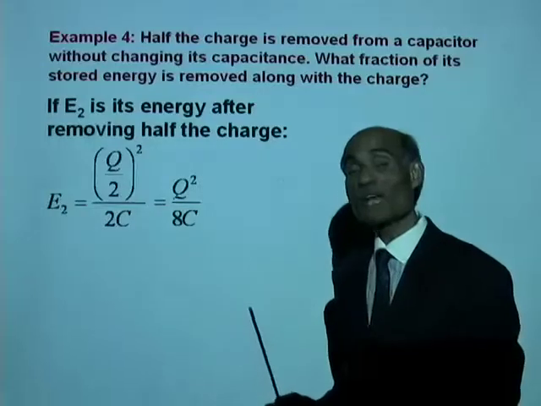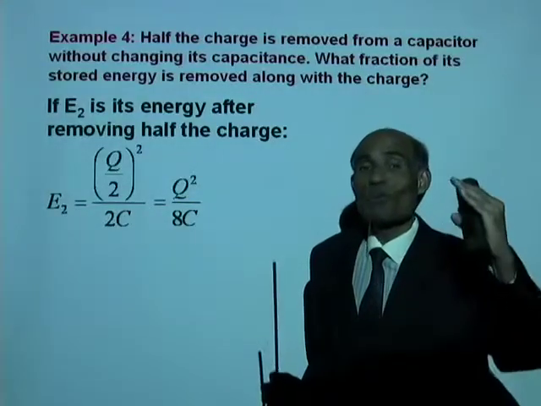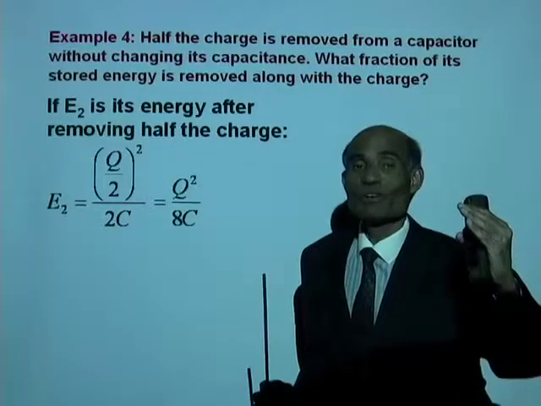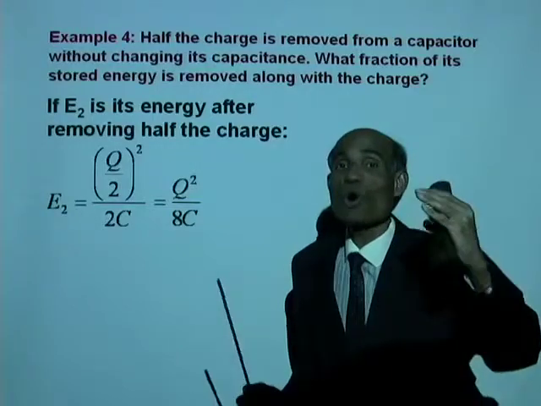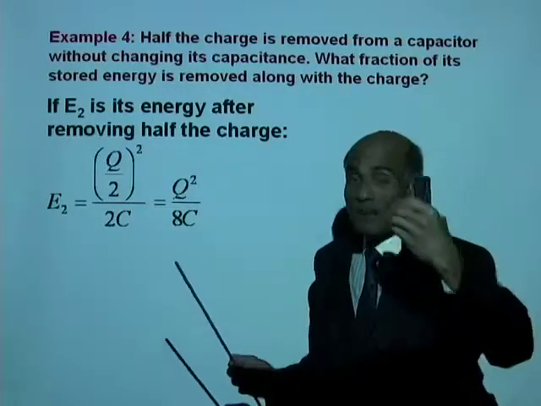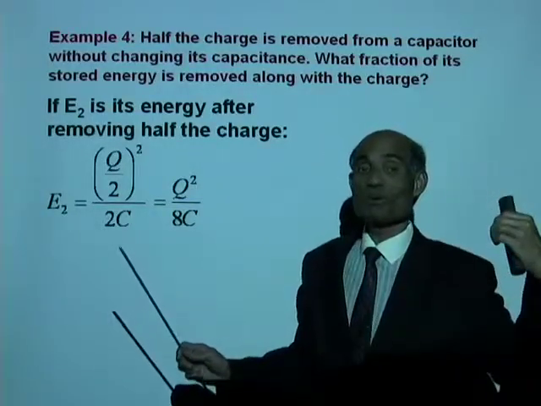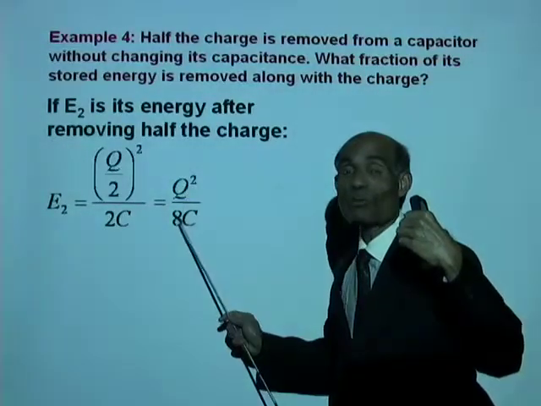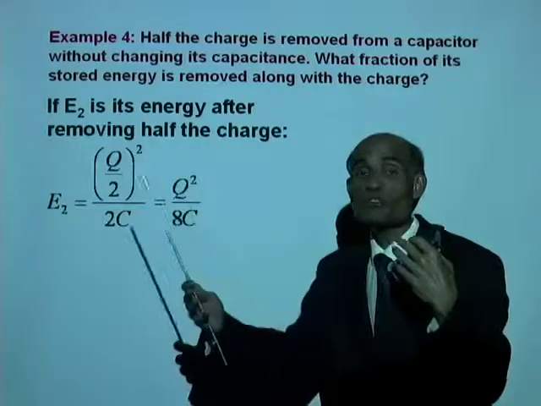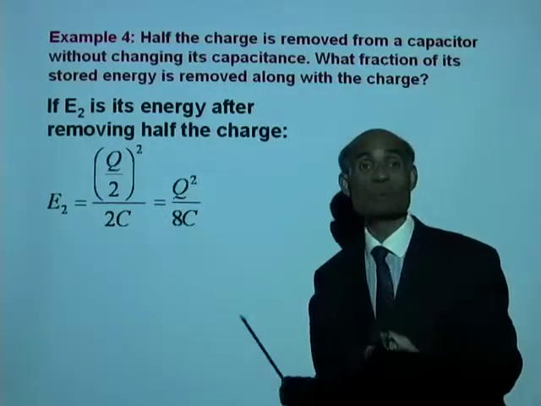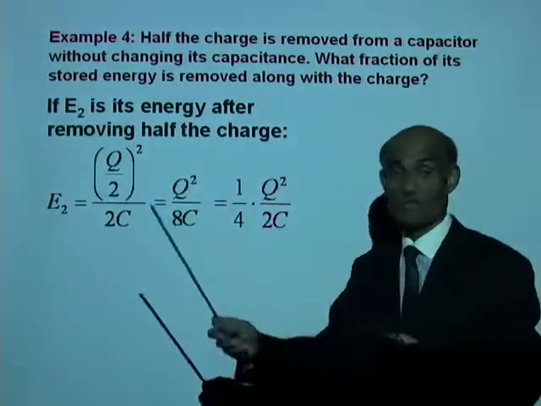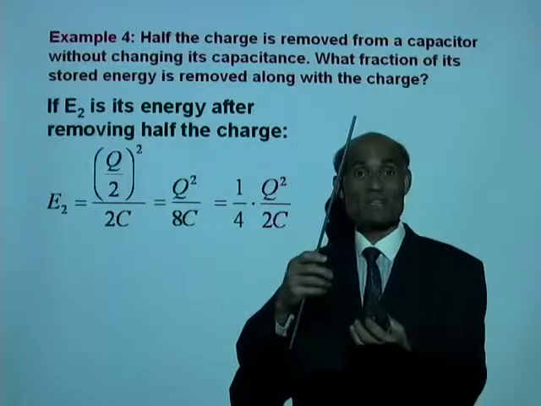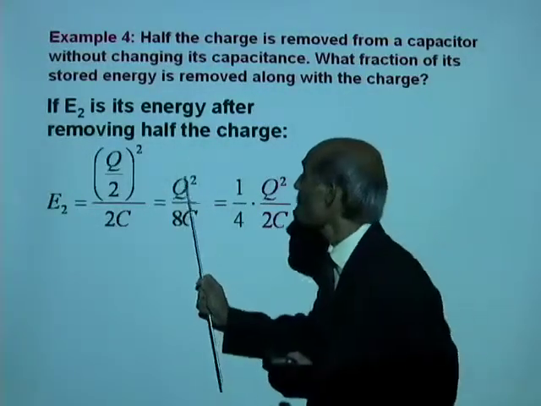Now, what was the energy originally before the charge is removed? It was Q squared over 2C. After half the charge is removed, the energy of the capacitor is Q squared over 8C. Let me write it like this.